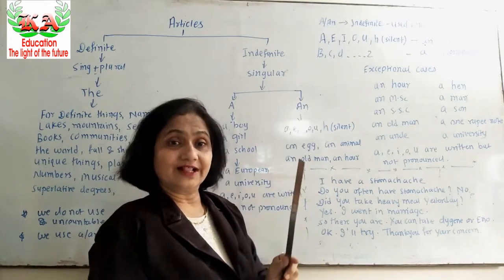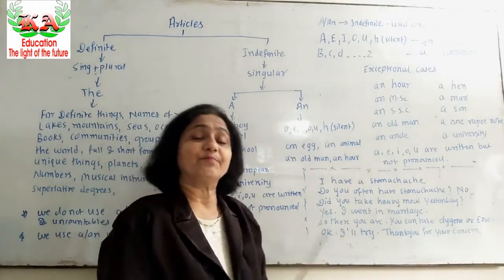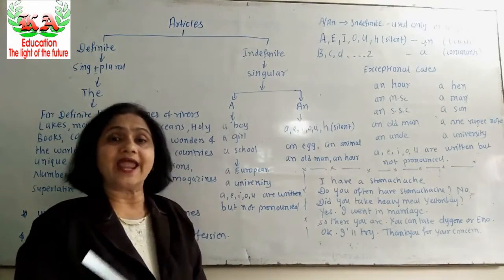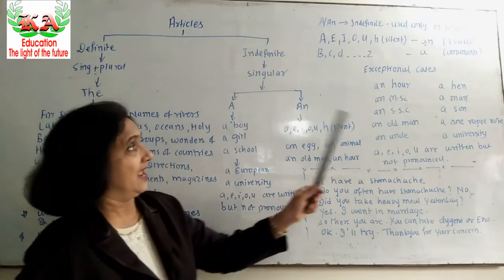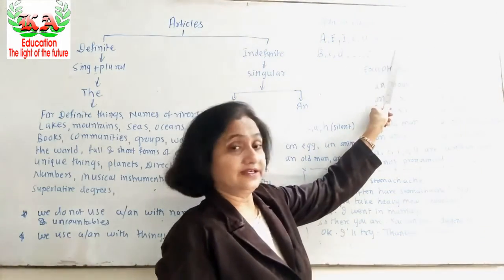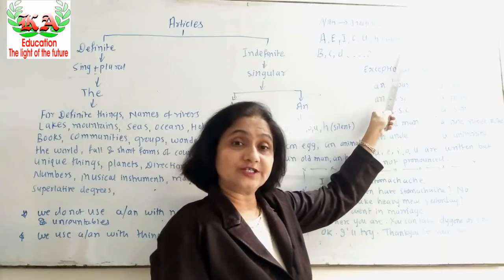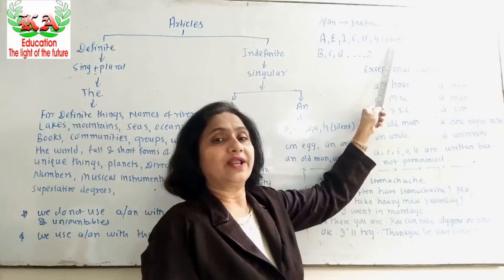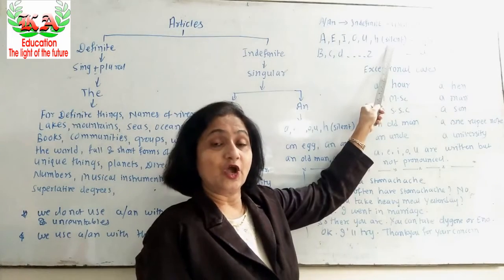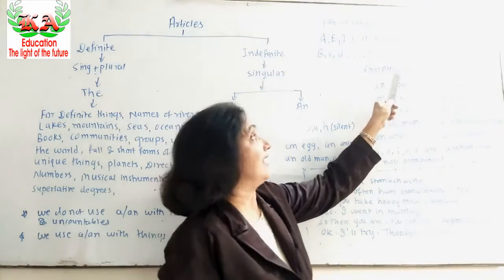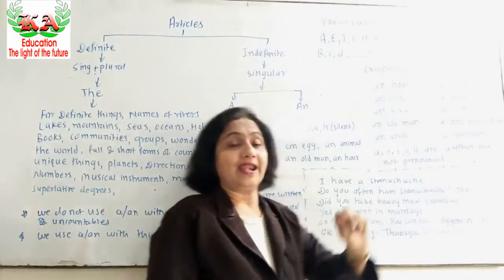For a single thing, we say an. As for example, we say I eat an apple daily. That means I eat one apple daily. Here H is silent, where H is not spoken. Example, honest. When we speak honest, we don't speak H, we say O. So at that time also we have to add an.